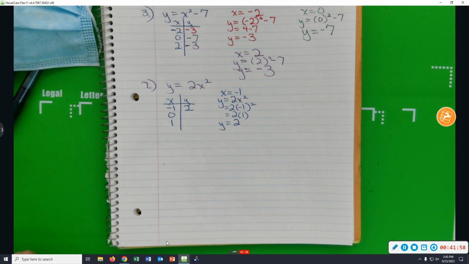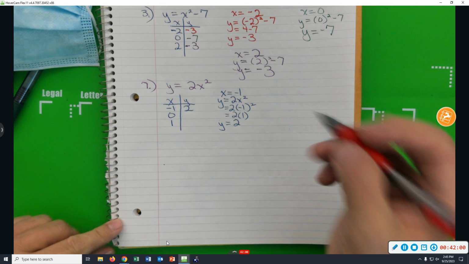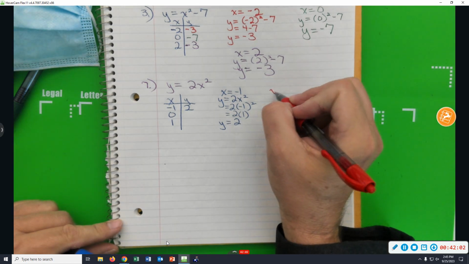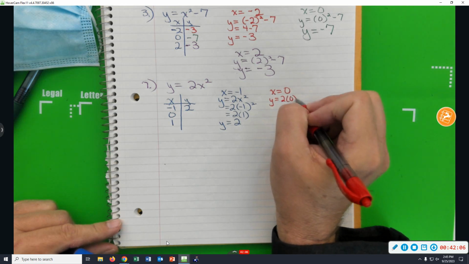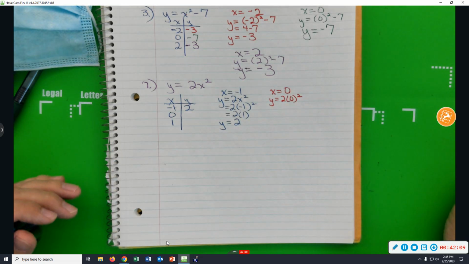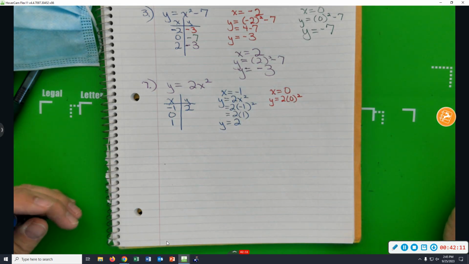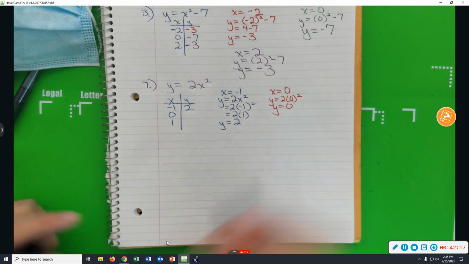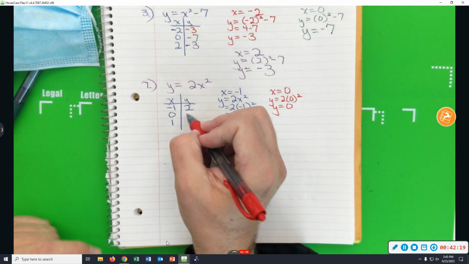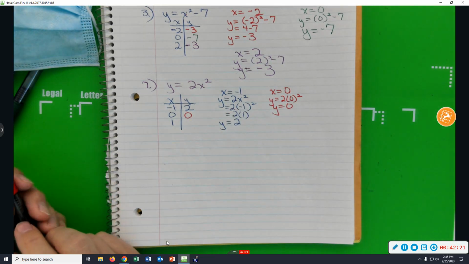What's the next number we're going to plug in? 0. So we'll have y equals 2 times 0 squared. What's that going to give us? 0 squared is 0 times 2 is 0, so just y equals 0. So there's the second point.